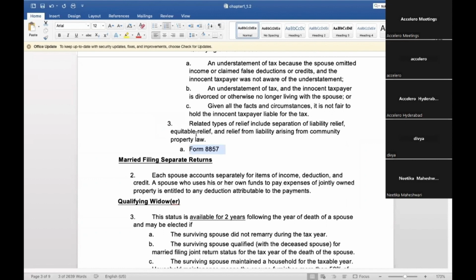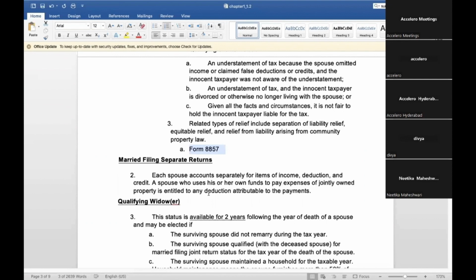But you cannot have married filing jointly status when the other spouse is having married filing separate status. So it needs to be in sync with each other. Otherwise, the IRS will send a notice saying, okay, we don't accept it, or they may nullify the other return which was filed.